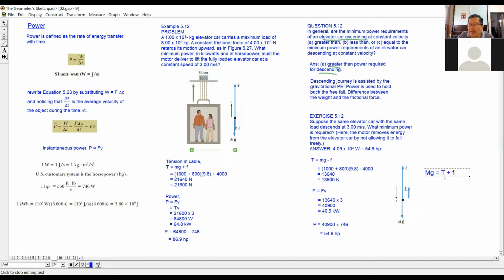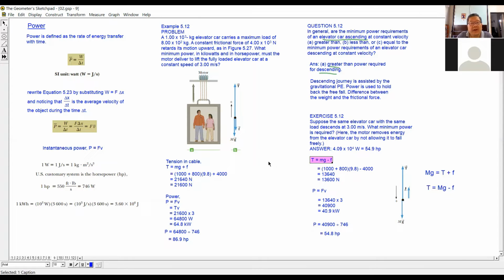So if you want to calculate the tension in the cable, you move the F over to the other side. So it's mg minus F. If you look at this equation here, mg minus F, this is actually the tension in the cable, and this tension in the cable is provided by the motor, right?